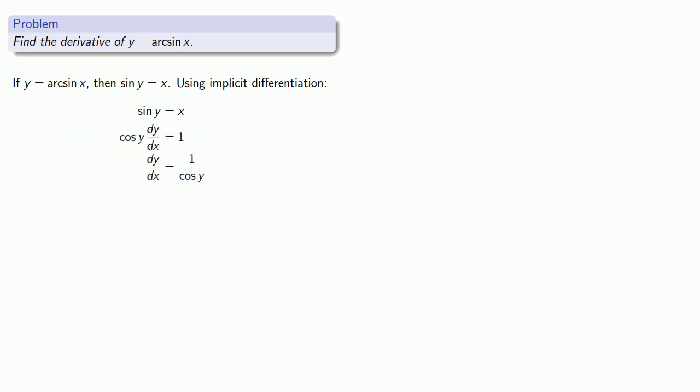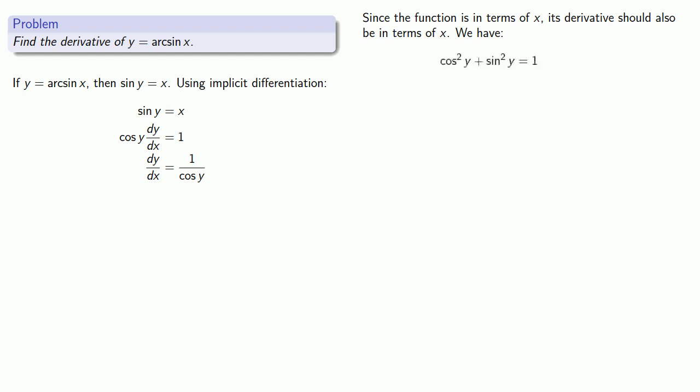Now, while I do get the answer derivative equals 1 over cosine y, since the function is in terms of x, its derivative should also be in terms of x. We don't want to leave our derivative in terms of y. So that means we need to do some algebra and or trigonometry. And one of the things we know is the Pythagorean identity, cosine squared y plus sine squared y equals 1. We can solve this equation for cosine y.